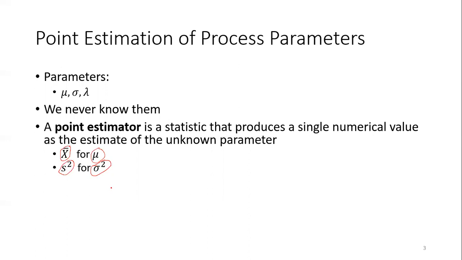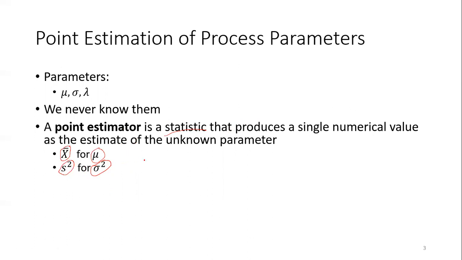Again, x bar is a statistic that produces a single numerical value as the estimate of the unknown parameter mu, and s square is a statistic which produces a value that you can use whenever you want to use sigma square. You can use the value of s square instead of sigma square, right?